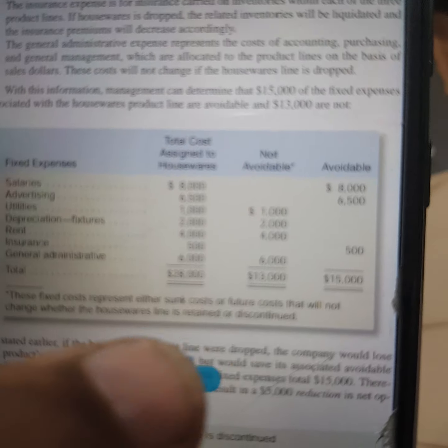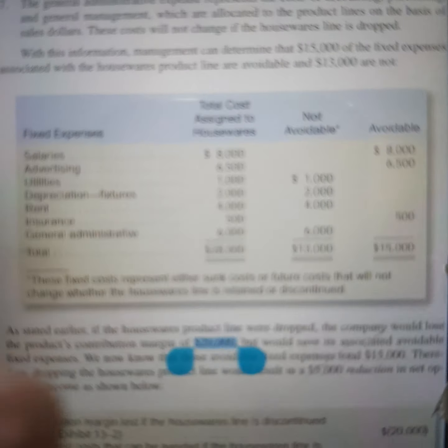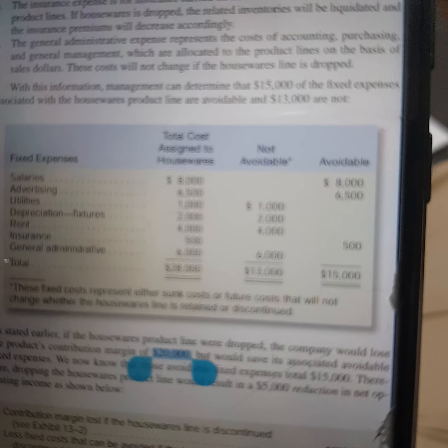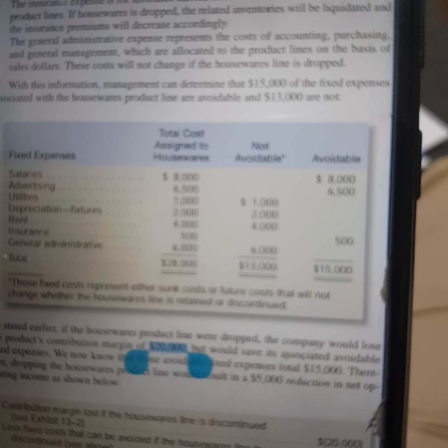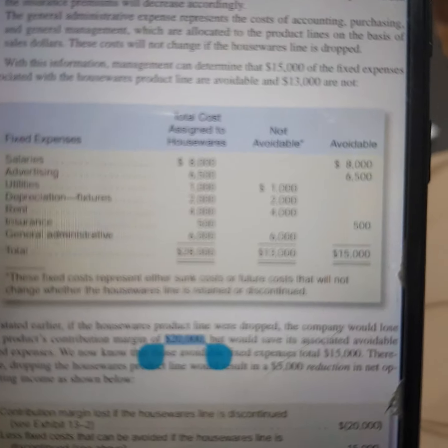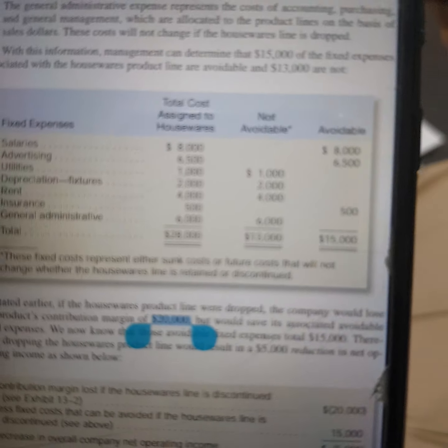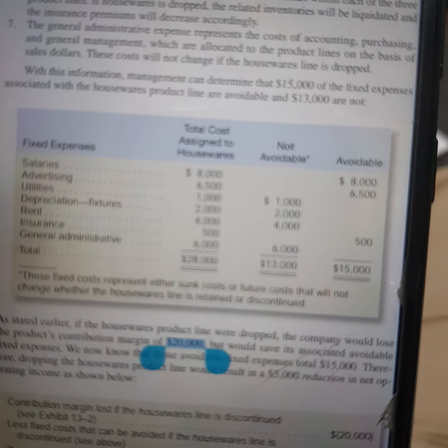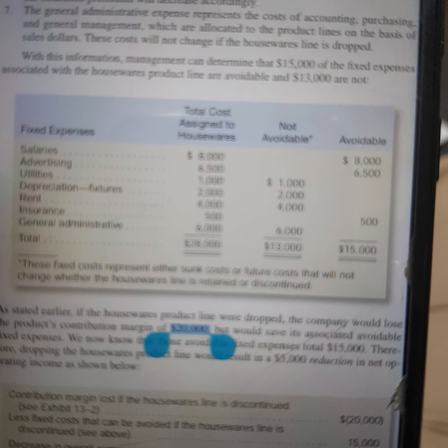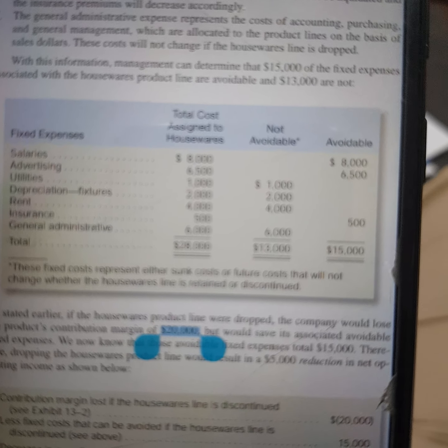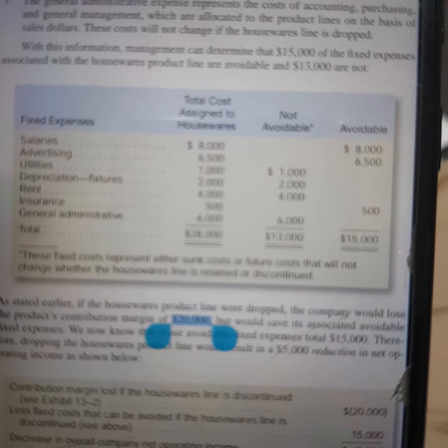As we are not continuing our houseware product line, this 500 can also be avoided. Our general administrative expenses were 6,000, so these are not avoidable because administrative expenses are already incurred. They are working in our organization. We cannot ignore them.